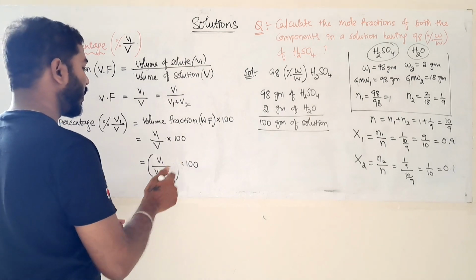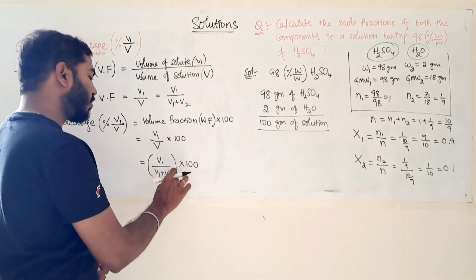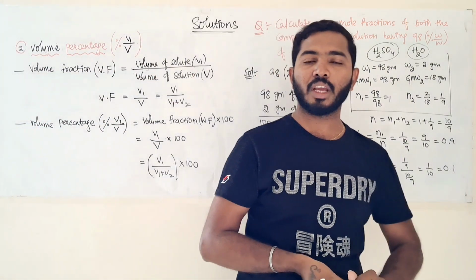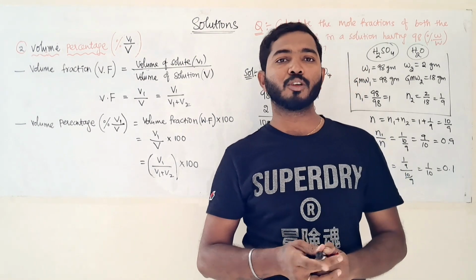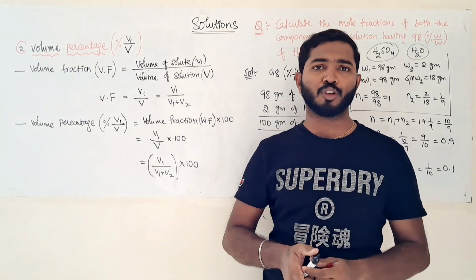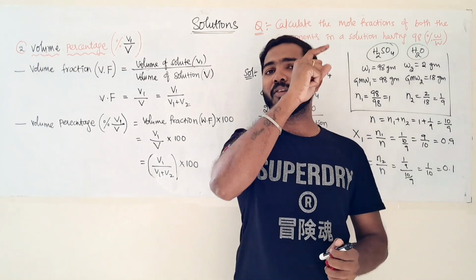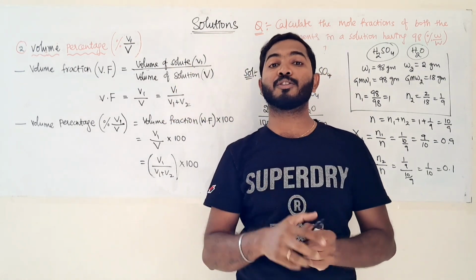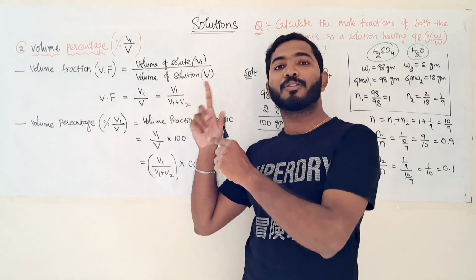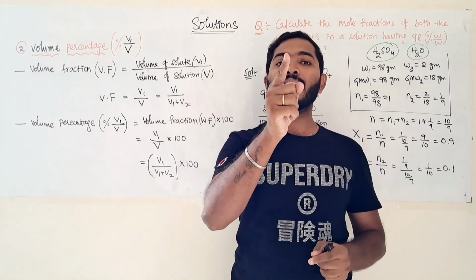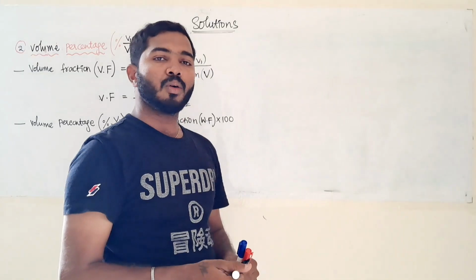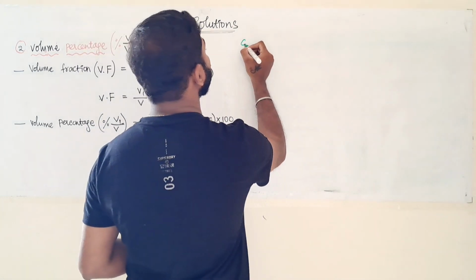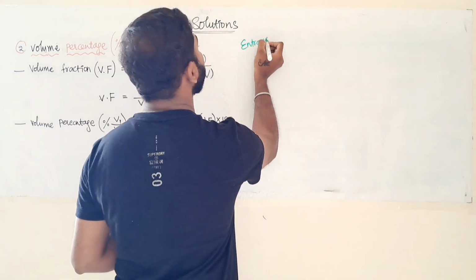Yes, this is what volume percentage normally is. And now when it comes to the entrance approach, just as there we defined mass of solute present in 100 grams of solution, here the volume of solute is present in 100 ml of solution. Now let's understand the same volume percentage for entrance exams.